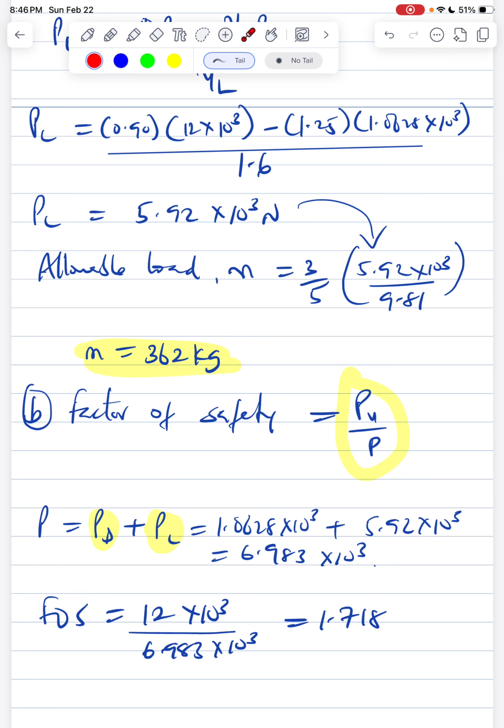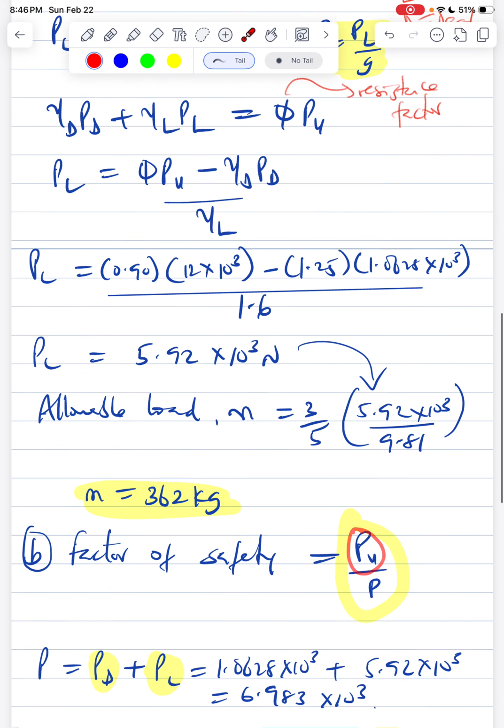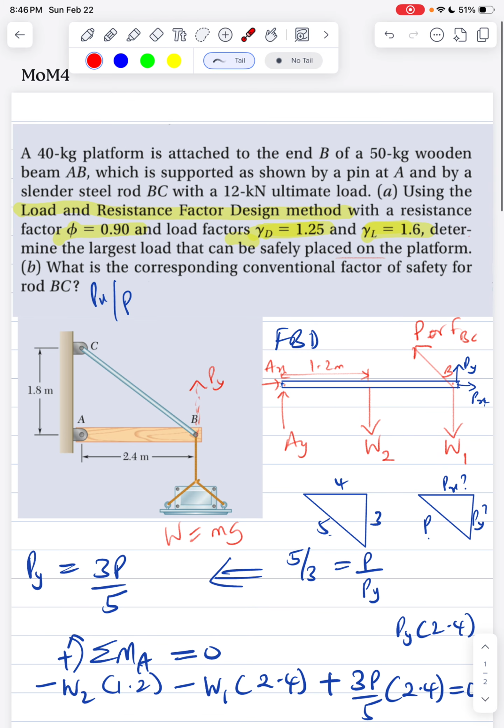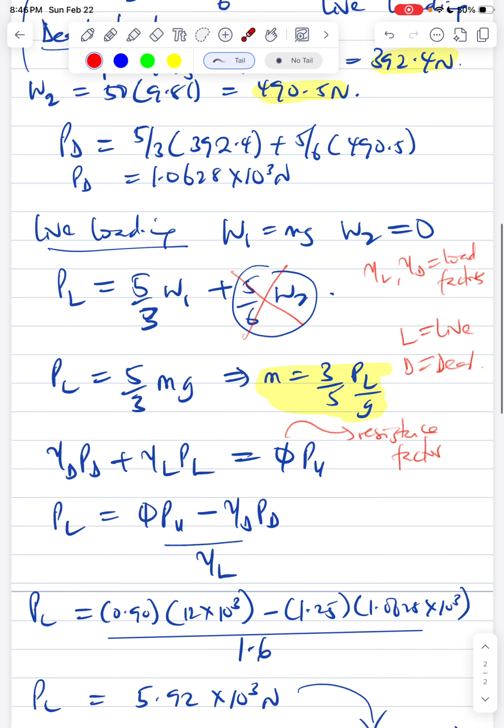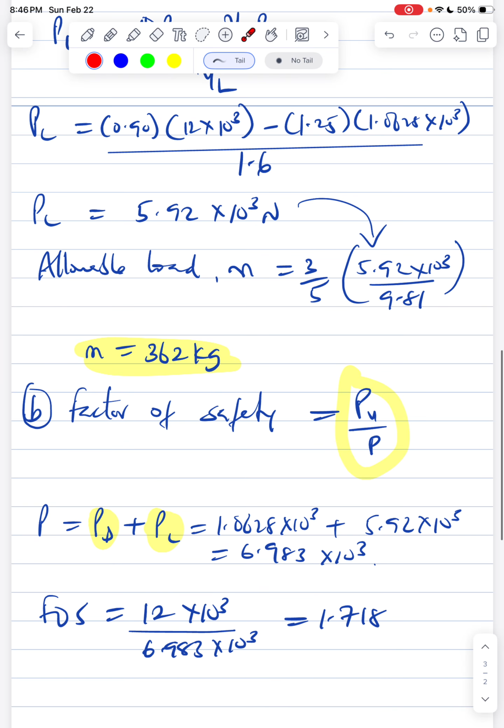Now for this ultimate load here, PU, if you look at the problem, it says the 12 is the ultimate load of that slender rod, so that's the maximum it can take. That is what is giving us this.